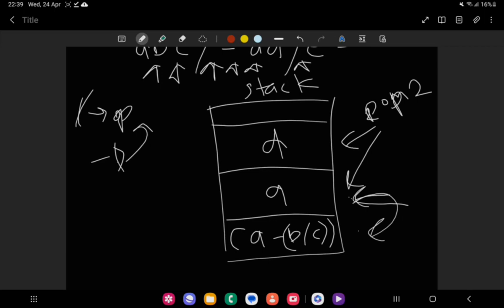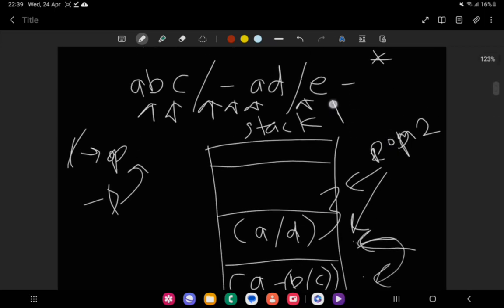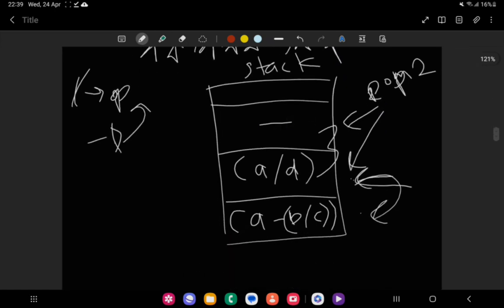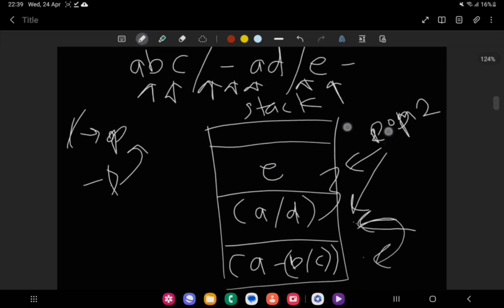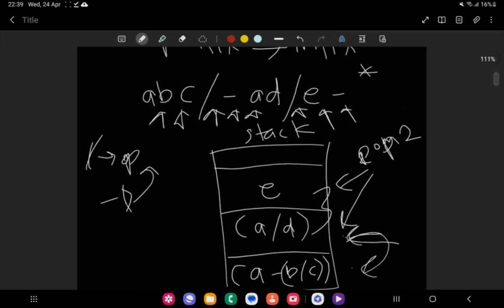Just like before, we need to combine the top two. So we have A slash D. Then we find the operand E, so we put E here, and then we find the minus.